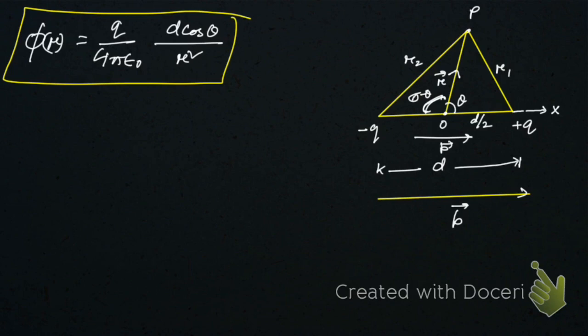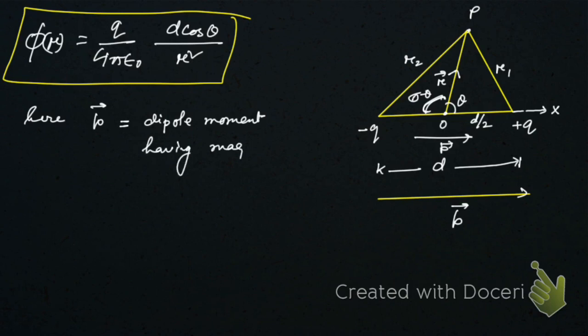So here you see, this p vector is the dipole moment, having magnitude q into d, right?